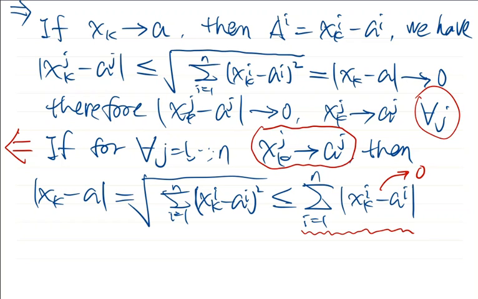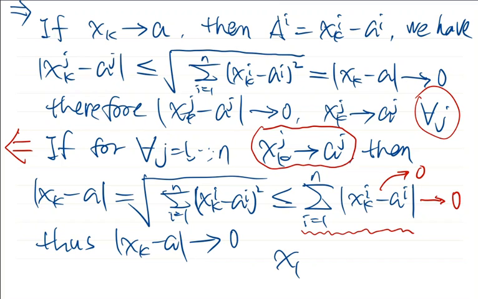Therefore, the right hand side is n linear sequence. Every one in this linear sequence goes to 0. Therefore, by the property of convergent linear sequence, we see that this goes to 0. Okay, thus xk minus a will goes to 0.